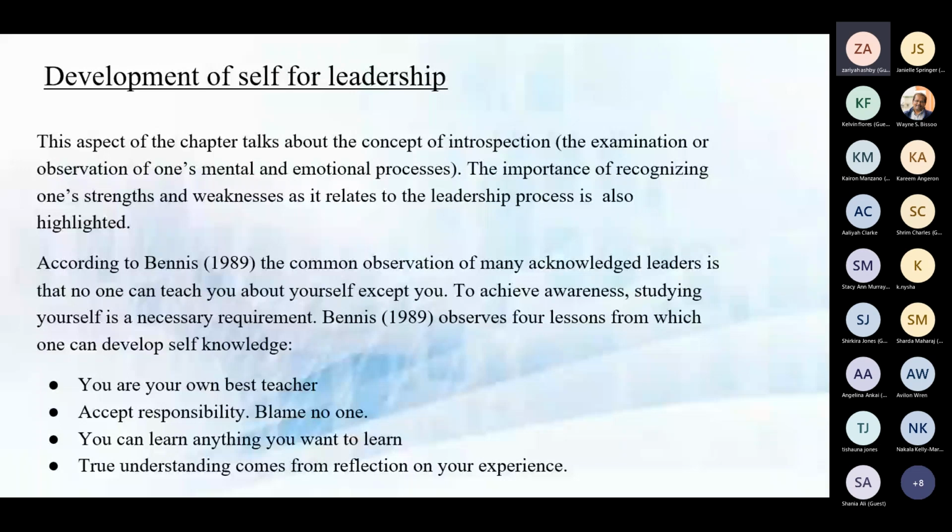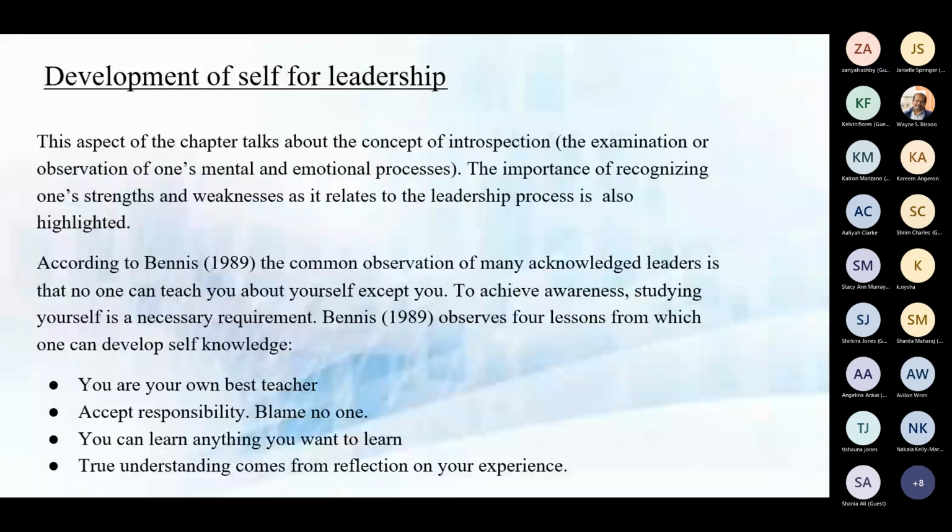We'll touch a little more on that later, but knowing your strengths allows you to know what your capabilities are, how well you function in a certain situation, and knowing your weaknesses lets you know what your limitations are. It allows you to practice humility as a leader, to acknowledge that there are certain things I can't do or certain things that I might need help with.